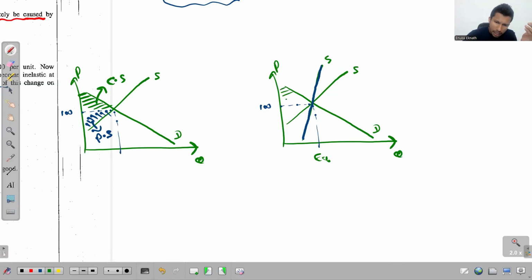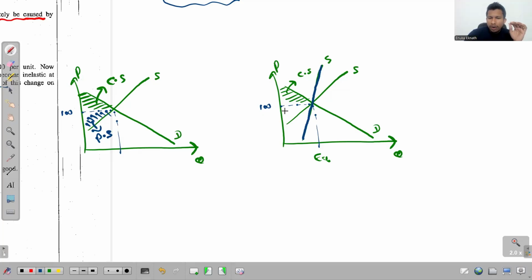If I use that same color to shade the region, you can recognize that nothing has happened to that region, which means even if the supply curve changes from being elastic to inelastic, nothing happened to the consumer surplus.